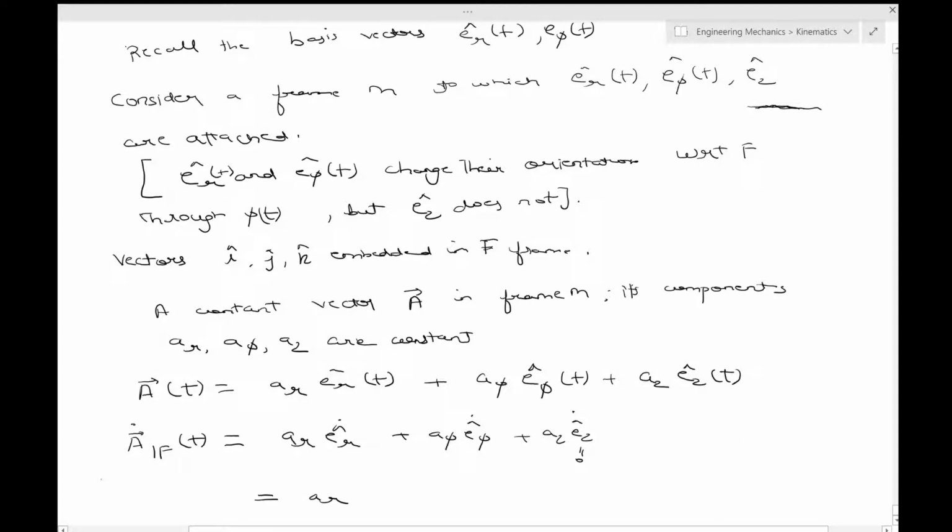According to equation 1.14, e_r dot was equal to phi dot e_phi hat, and e_phi dot was minus phi dot e_r hat.